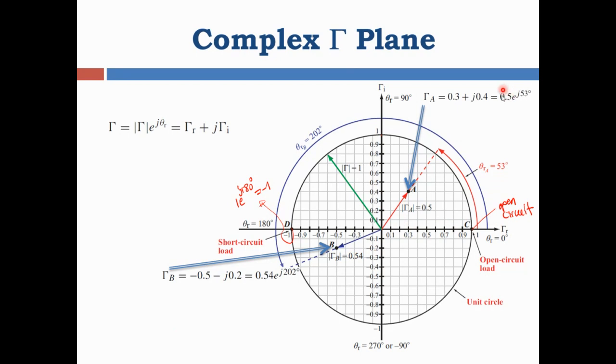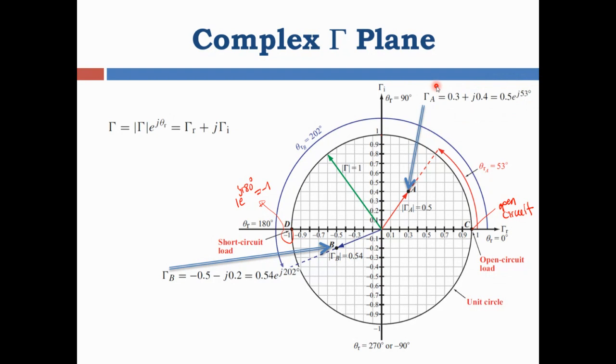In this case, the magnitude is 0.5, that is the square root of 0.3 to the power of 2 plus 0.4 to the power of 2. And inverse tan of 0.4 over 0.3 is going to give you 53 degrees. So that is how we go from Cartesian to polar form, as you already have seen.